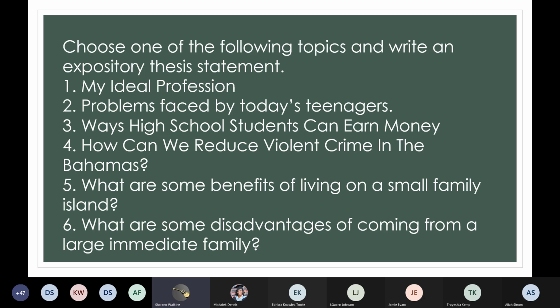And 6. What are some disadvantages of coming from a large immediate family? By a large immediate family, we're talking about you don't live with your uncles and all of them. It's just like you have 5 or 6 brothers and sisters, with your mom and dad, living in one house. So these are topics I want you to think about. We will post these in the Google Classroom so that you'll know what you're doing.